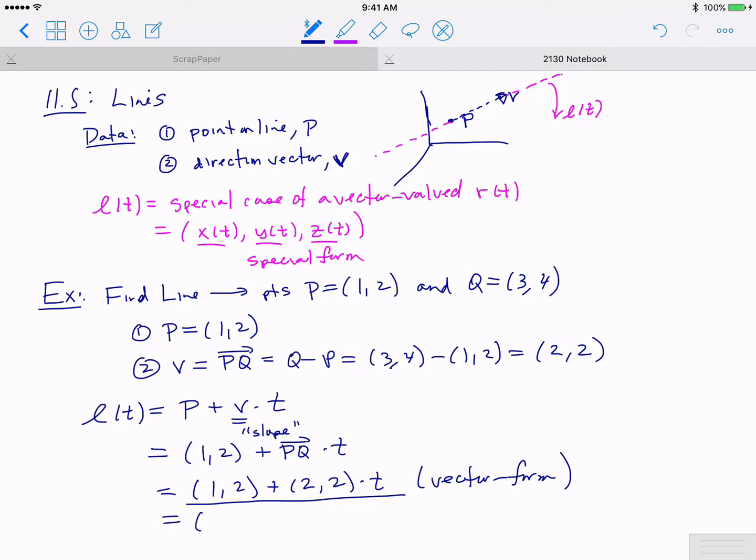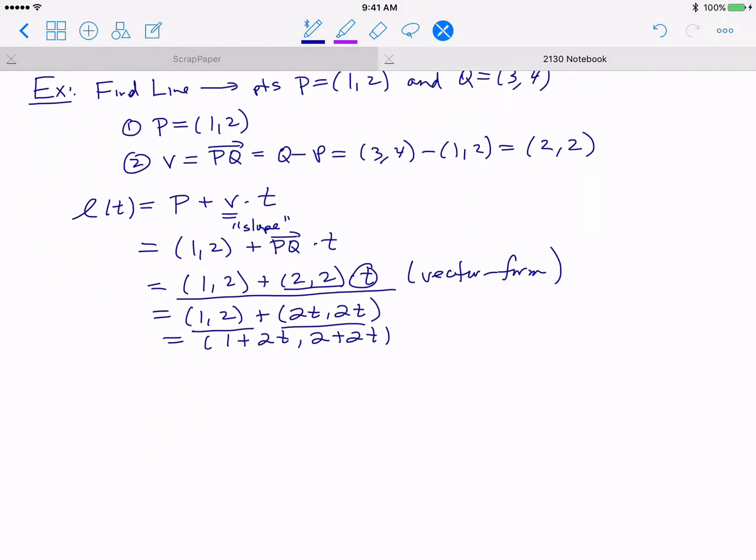If you would like to do a little bit of vector operations in algebra here, we can do the scalar multiplication of t to the vector (2, 2) to give (2t, 2t). And now I can do vector operations to add these two vectors to give (1 plus 2t, 2 plus 2t).